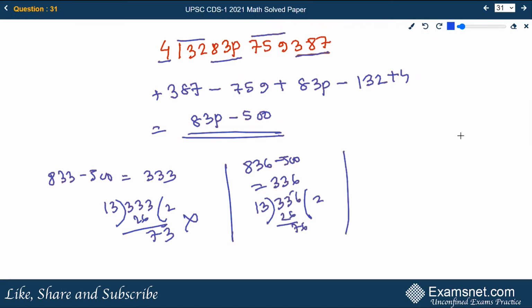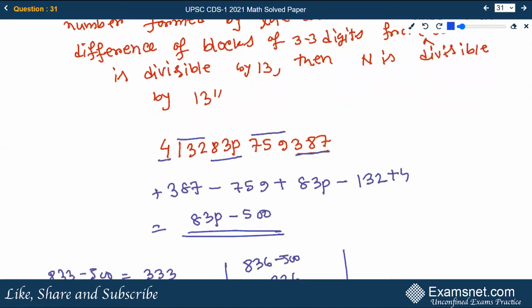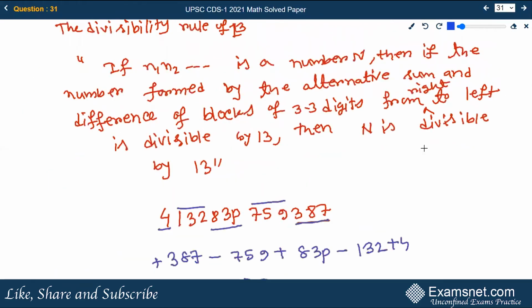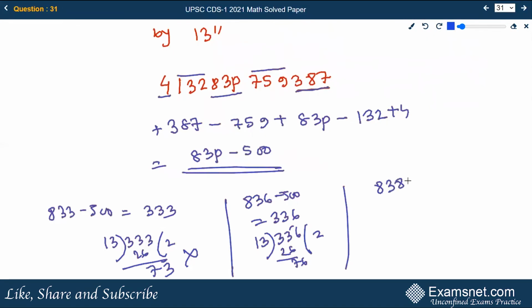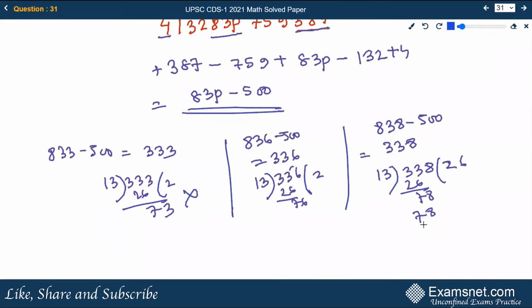No, it is not divisible by 13. Next, let's check with 8. 838 minus 500 is 338. If I divide it, we get 26, 78. Yes, 13 times 6 is 78.